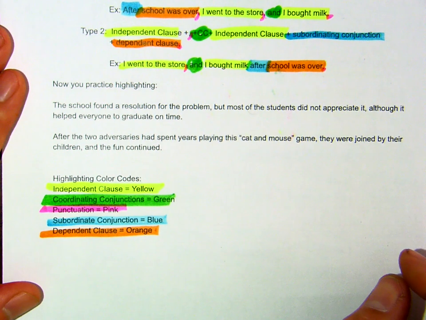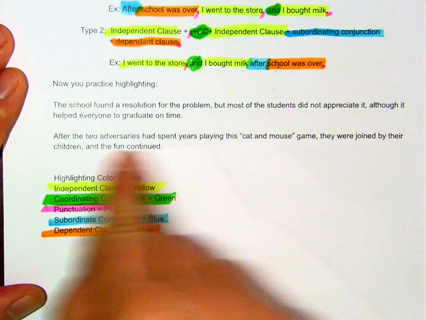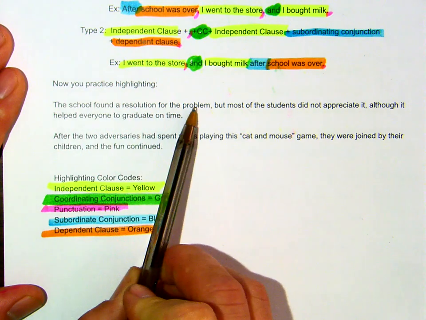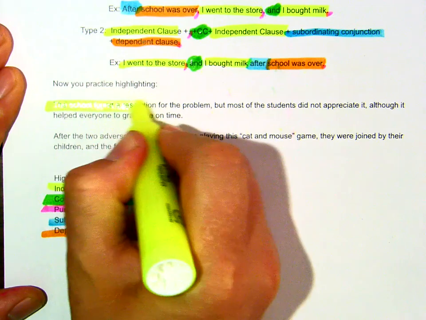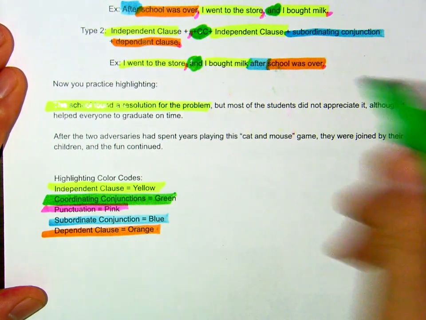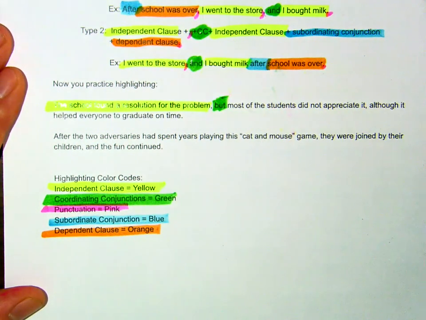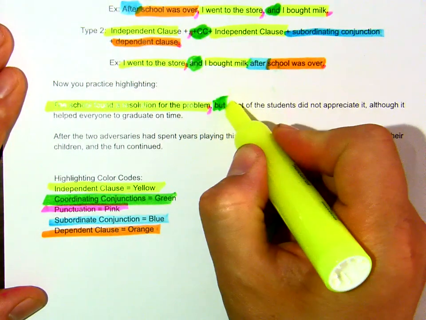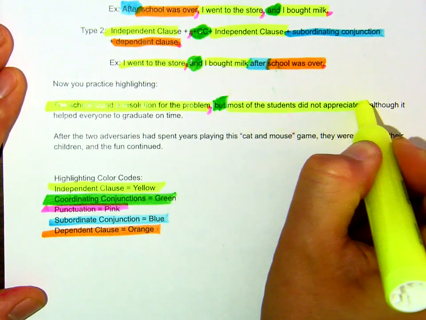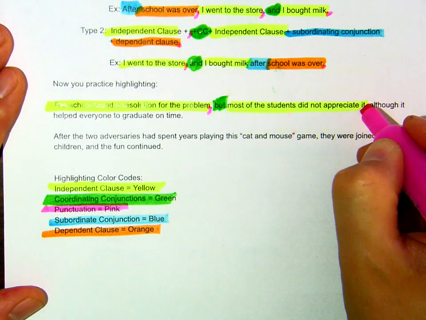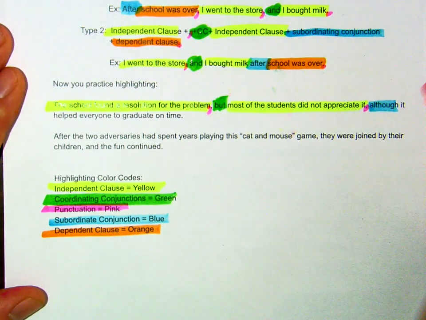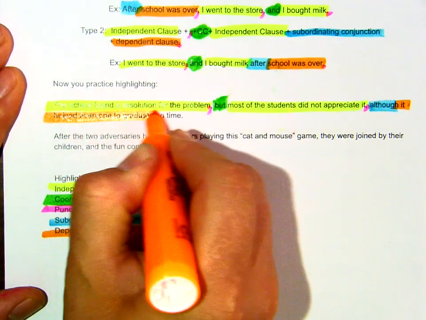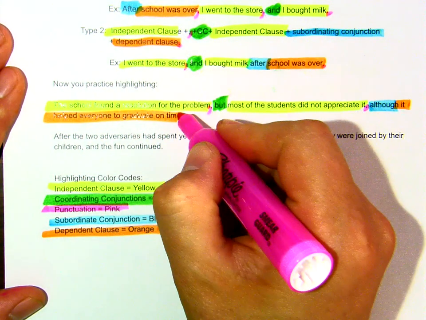So if you take a look at this, the first part here, the school found a resolution for the problem, that's an independent clause. That could stand by itself. And then I see a coordinating conjunction, the word but, the comma, and then another independent clause. Most of the students did not appreciate it. And then a comma, and then I see a subordinating conjunction, although, and it helped everyone to graduate on time. And then a period.